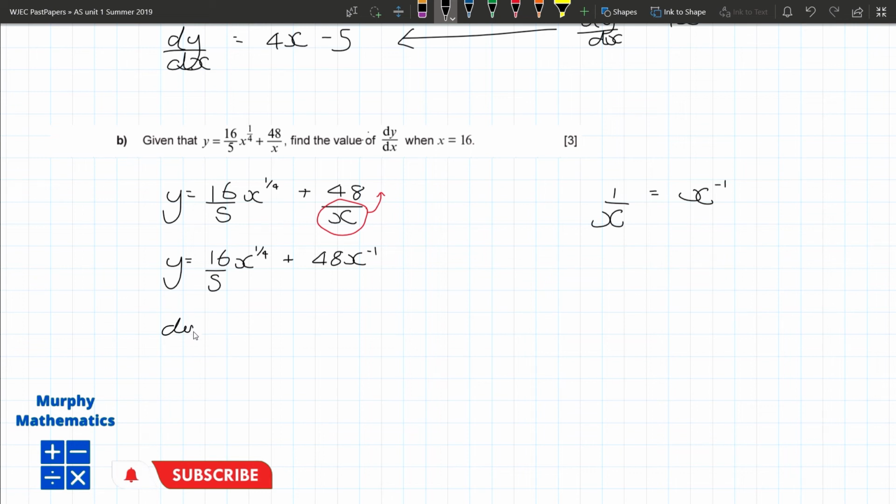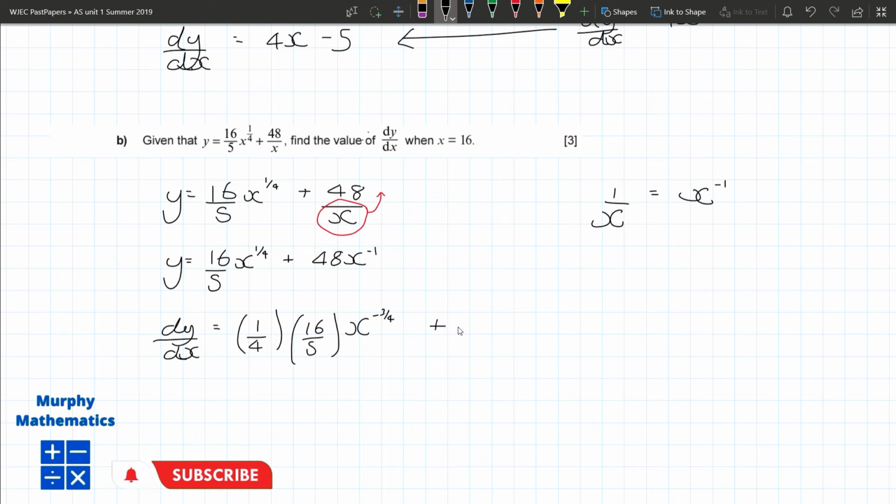So dy over dx equals, so I'm going to times by the power, so I've got 1 quarter times by 16 fifths, and then I drop the power by 1, so a quarter minus 1 will just give me minus 3 quarters.